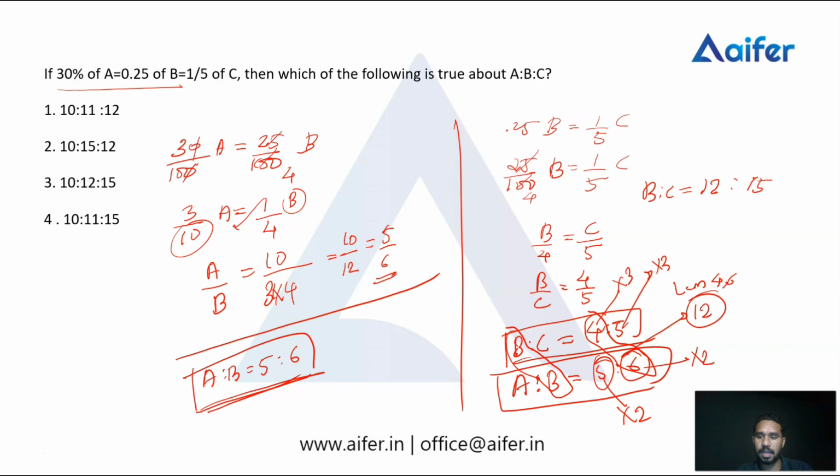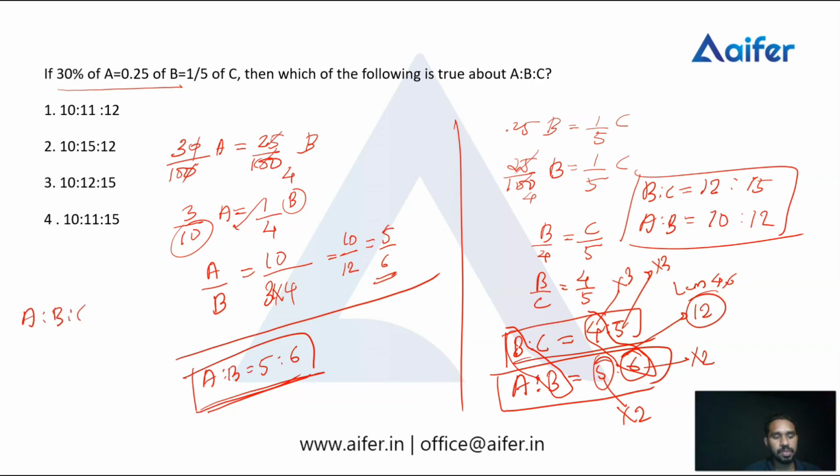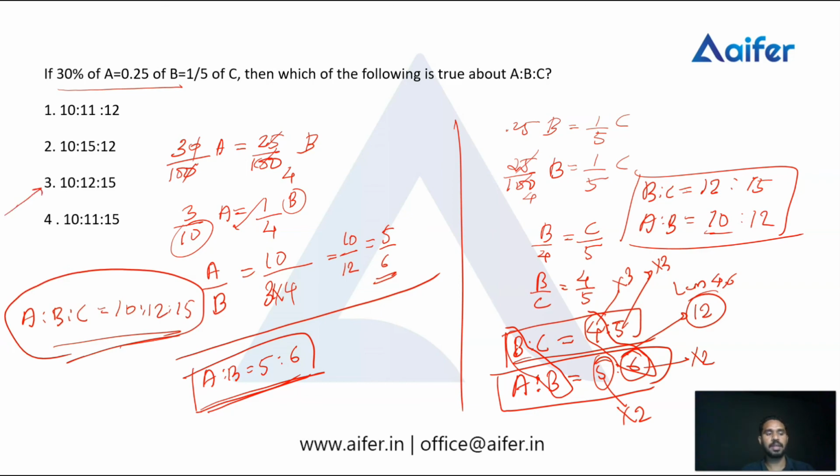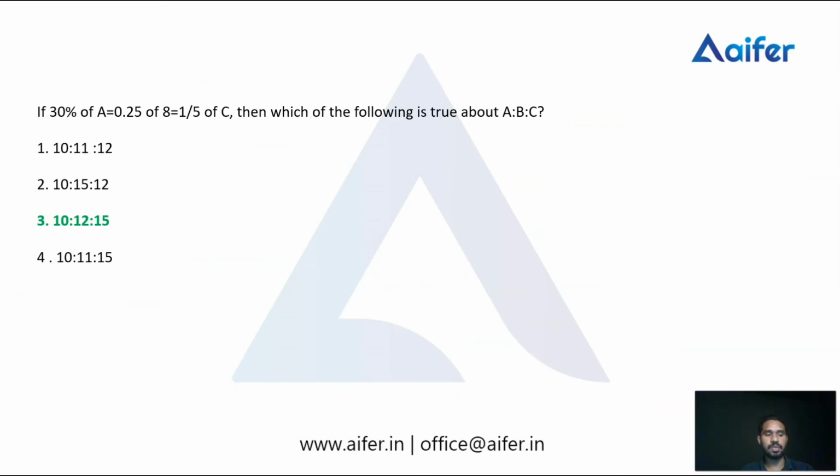So the final ratio of A is to B is 5 into 2, that is 10, and 6 into 2, that is 12. So in this case both B values are the same number, 12. So we write the ratio of A is to B is to C as 10, 12 and 15. So this is our option, option 3: 10 is to 12 is to 15.